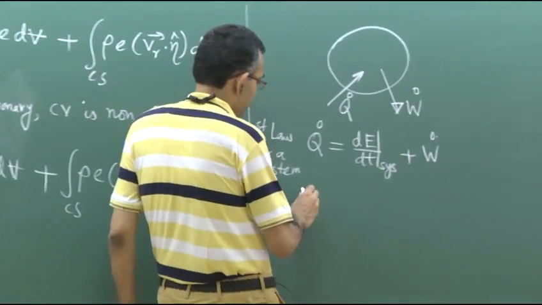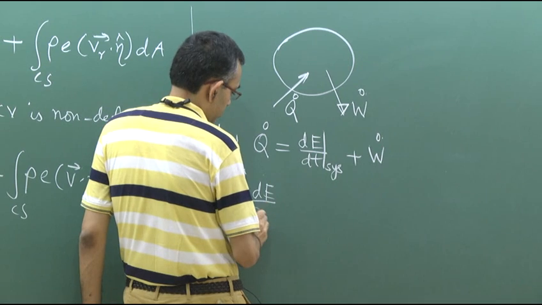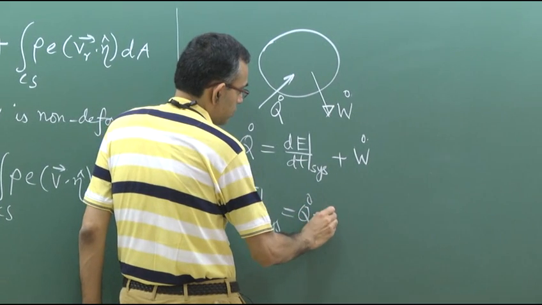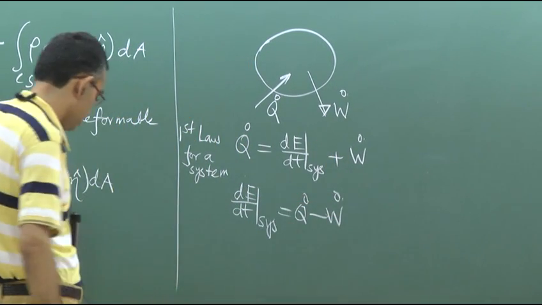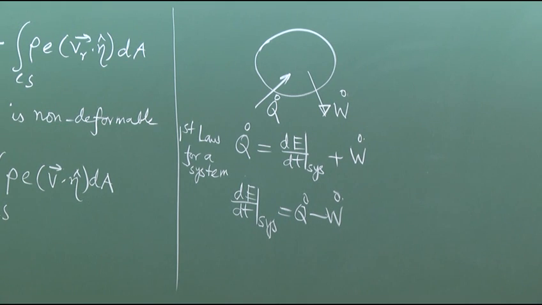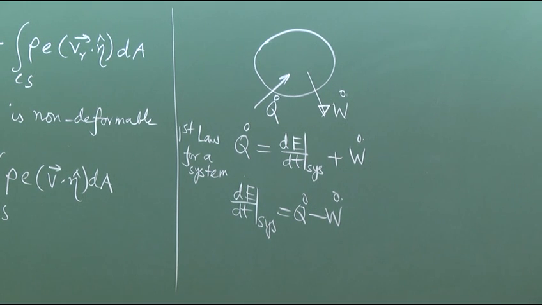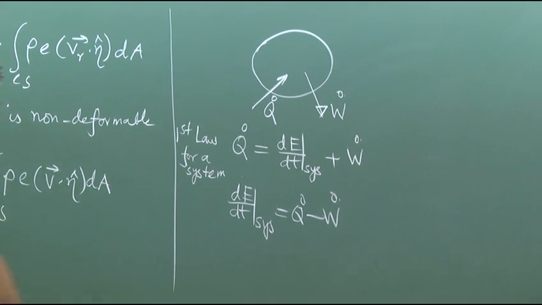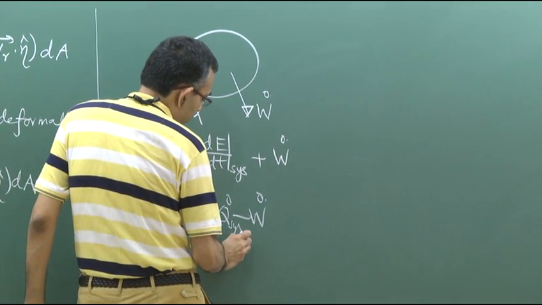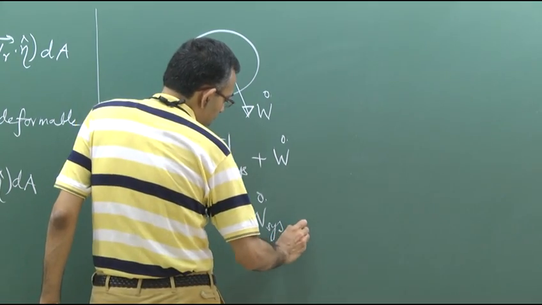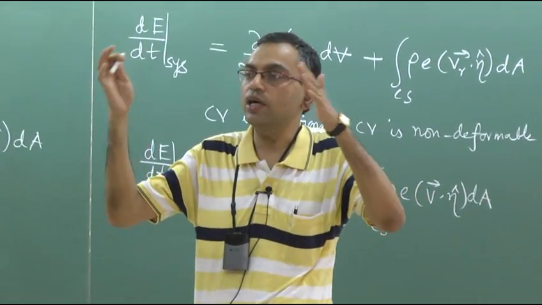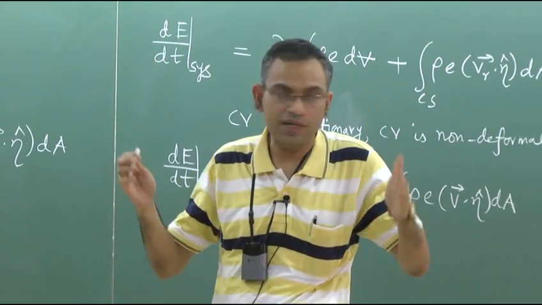Therefore, you can write dE dt is equal to Q dot minus W dot, and this is Q dot system minus W dot system in the limit as delta t tends to 0, the system tends to the control volume. That is how we derive the Reynolds transport theorem.